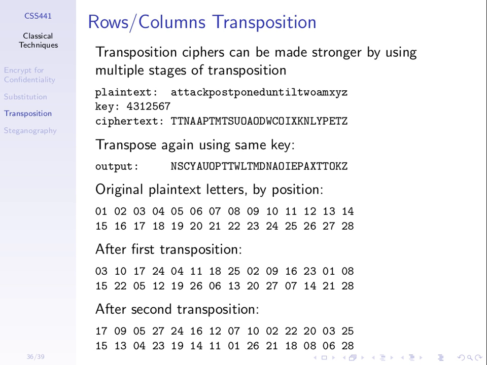Applying the same simple operation multiple times makes the output more random, more secure. And that's what we use in real ciphers. We take simple operations and repeat them multiple times. If you keep going, you jumble things up more and make it more random.